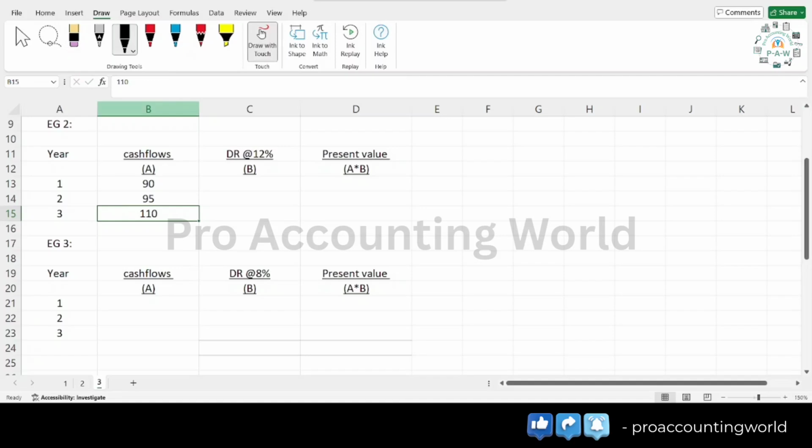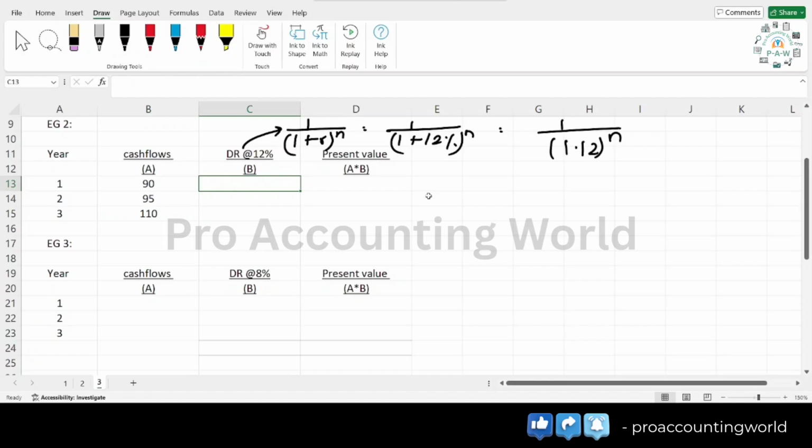Discount rate is 12%. 12% we know the formula is 1 upon 1 plus R raised to n. So this will become 1 plus 12% raised to n, which is equal to 1 divided by 1.12 raised to n.